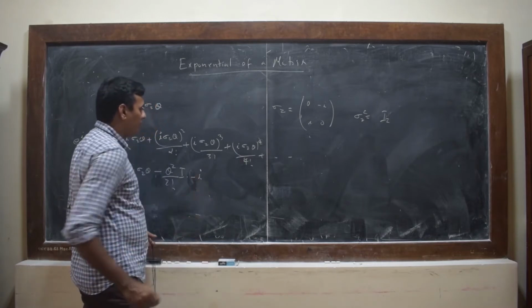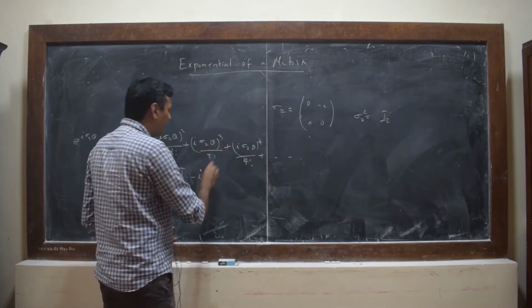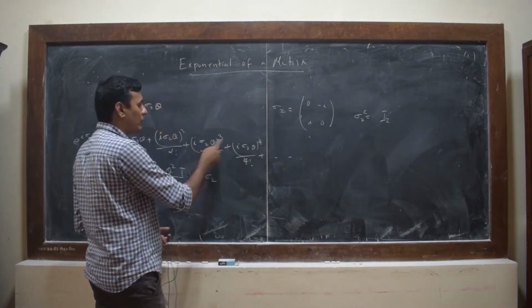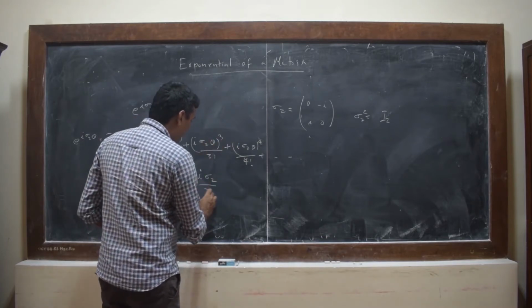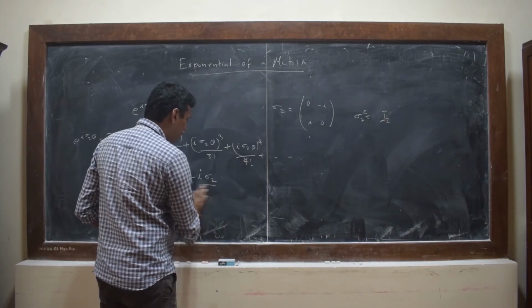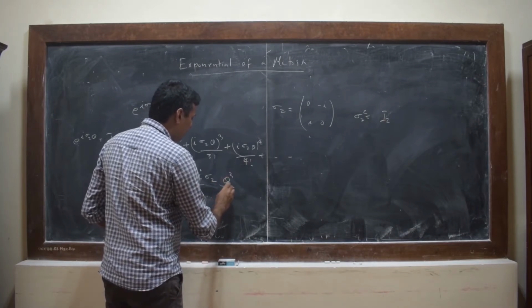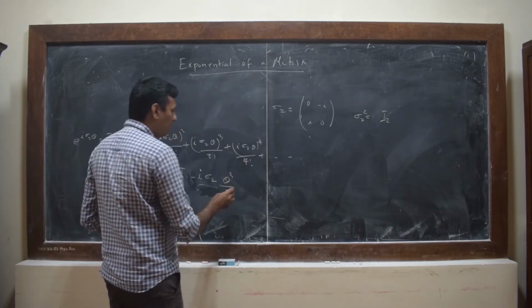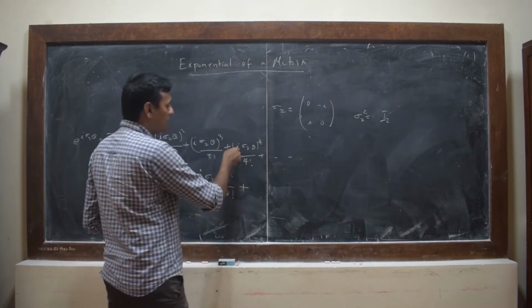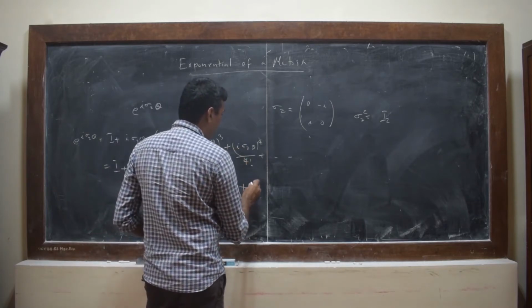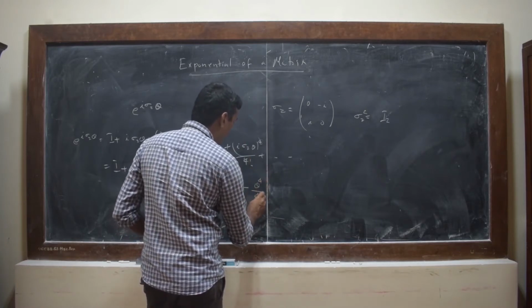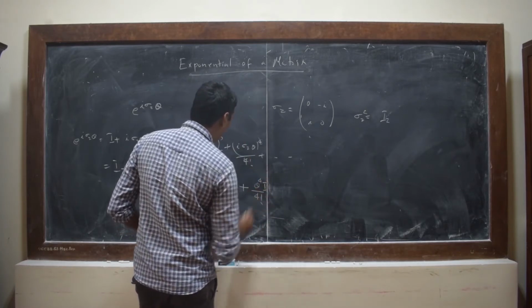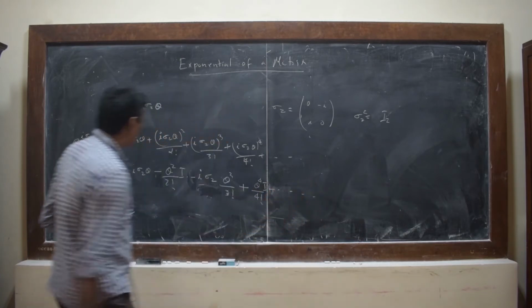Plus here you have i cube will be minus i, and sigma 2 cube will be sigma 2, because sigma 2 square is identity. So, minus i sigma 2 theta cube divided by 3 factorial, plus i raised to 4 will be 1 and sigma 2 raised to 4 will be identity. So, theta raised to 4 divided by 4 factorial into identity plus etc. etc. etc. All right.